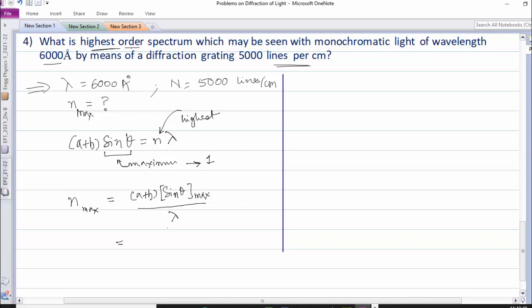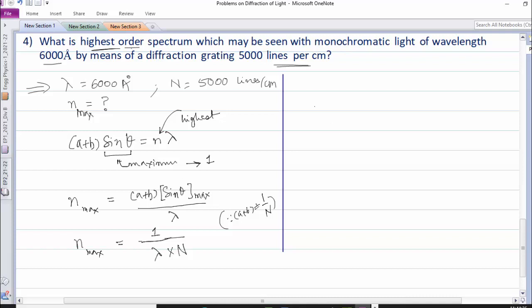As we know that the value of sine theta is 1, and at the same time a plus b in the numerator is the reciprocal of capital N, so we can just replace it this way: n max equals 1 upon lambda into capital N, because a plus b is equal to 1 upon N, and sine theta is taken as 1 for getting the highest order.